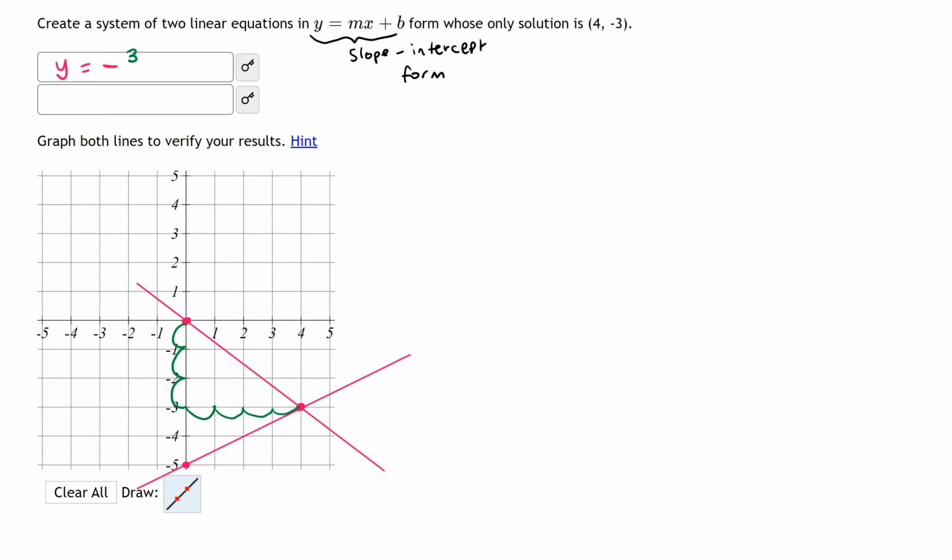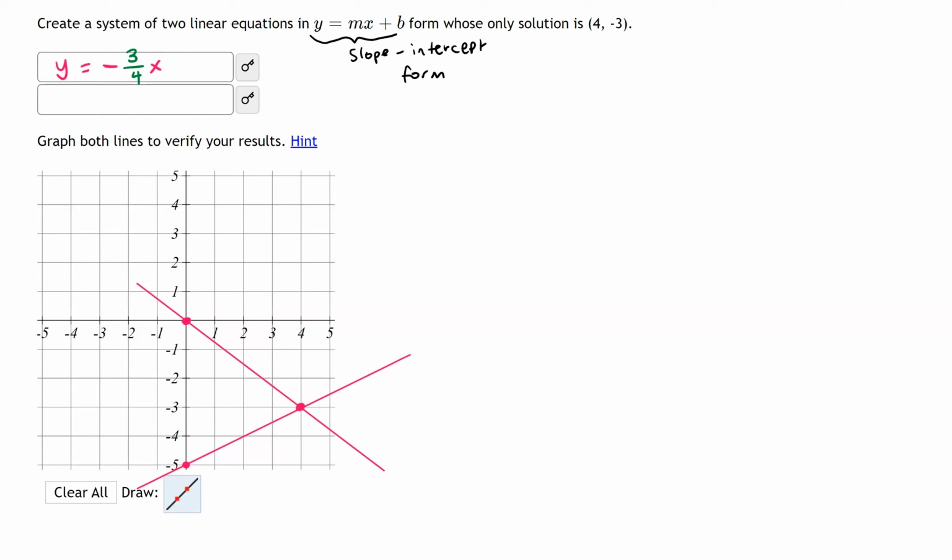So that means my slope is negative 3/4 x plus whatever our b value is. If you look at the y-intercept of this line, it's 0, 0. That means our b value is 0, so I would put plus 0, but that's unnecessary. So I'm just going to write y equals negative 3/4 x.